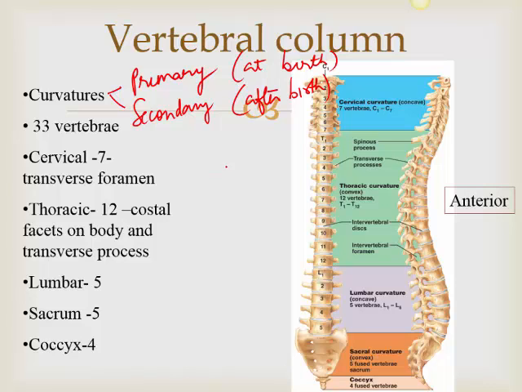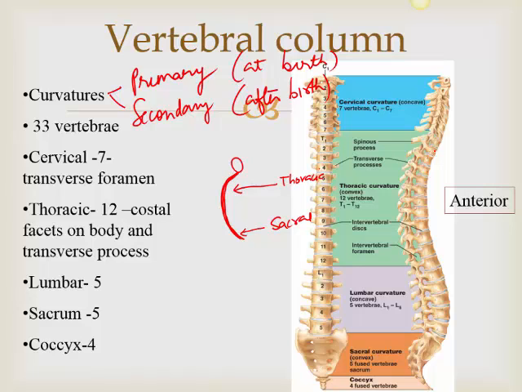So in a child, in a little fetus, if you're looking at the fetus, the entire spine looks concave like this. Okay, the whole spine looks concave if you were looking at it from the side. And in this concavity, the parts which are primary curvature are the sacral and the thoracic region.